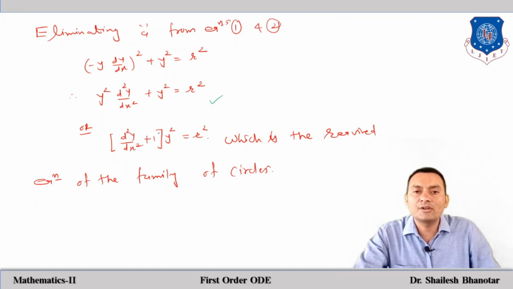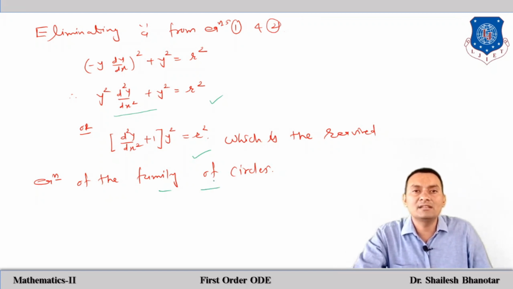Also you can take y square common from these two and you will have this one, and this is the required equation of the family of circles whose center lies on the x-axis and radius is r. Similarly, if I ask for the differential equation whose center lies on the y-axis, you can do that yourself. Just try to solve it yourself for practice.